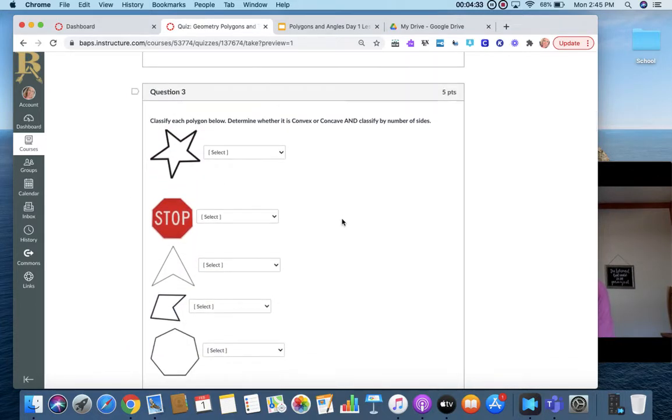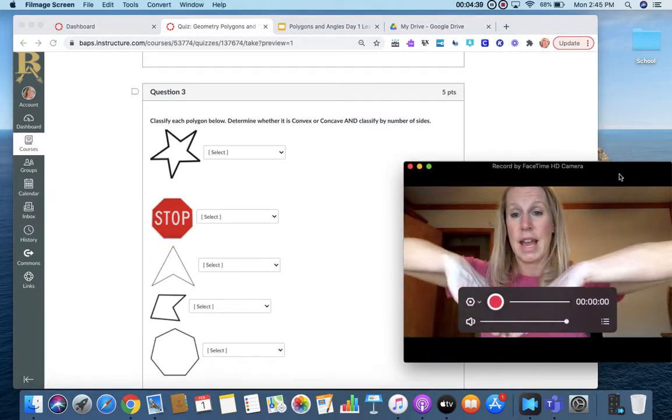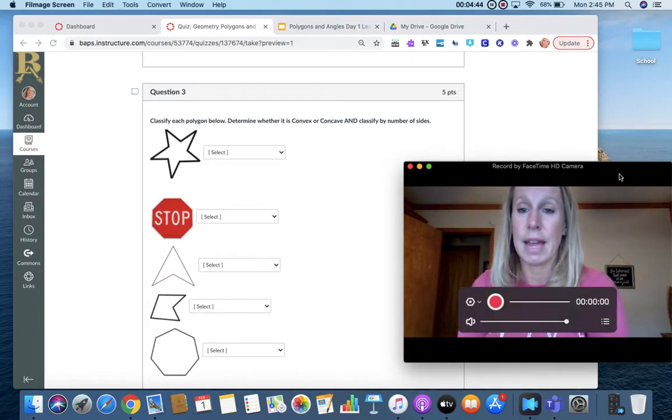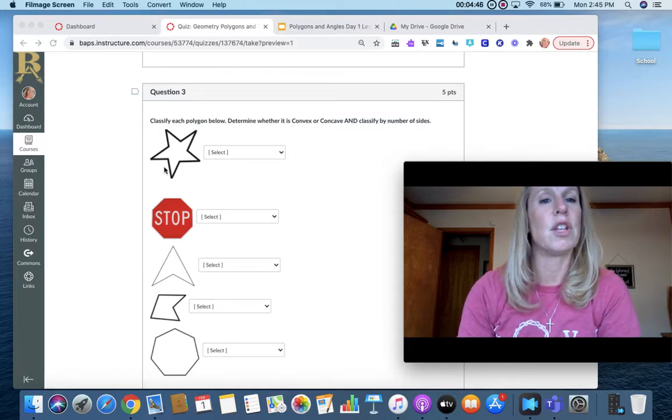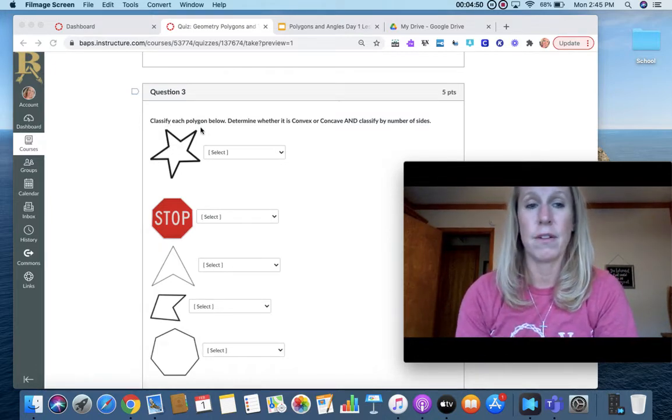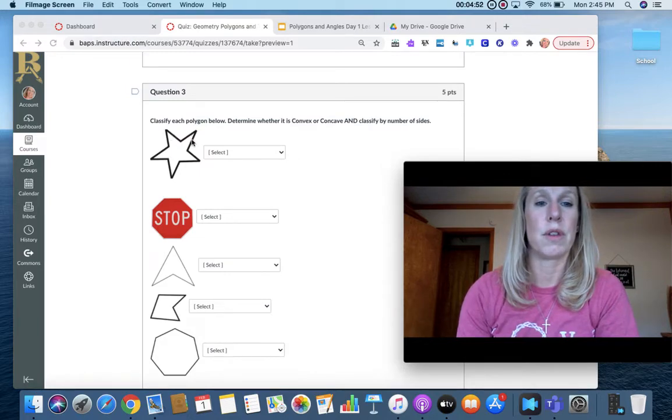Now you have to determine whether the polygon is convex or concave. Remember, concave caves in, convex does not cave in. And then we have to name it by the number of sides. So if you look at the star, do you see where it's all caved in? That would be concave. This has 1, 2, 3, 4, 5, 6, 7, 8, 9, 10 sides.